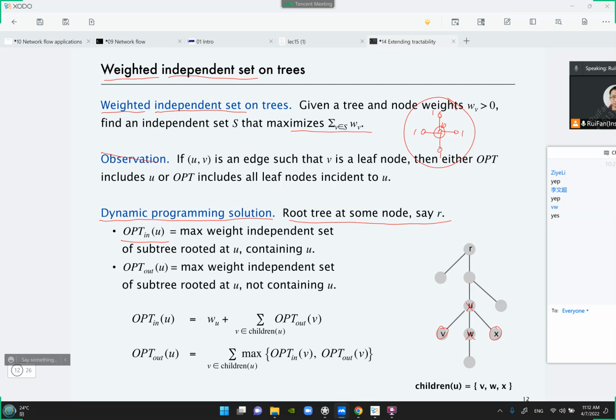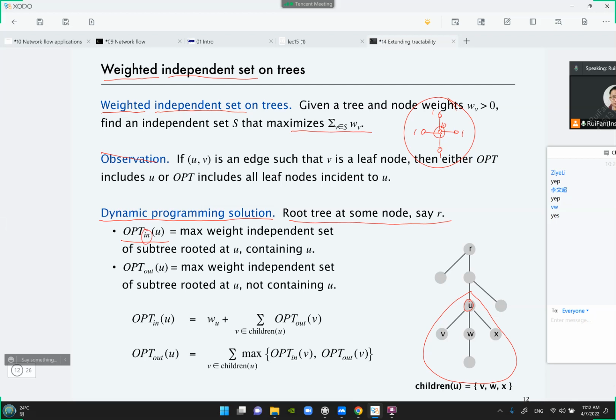Now we're going to define these two quantities: opt in of u and opt out of u. Opt in of u is, suppose you look at the subtree rooted at u, and suppose you choose to include u. That's why we say it's opt in, because we choose to include u.